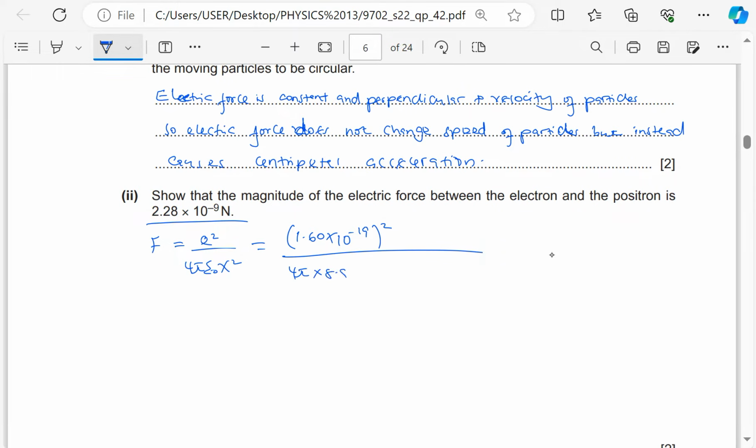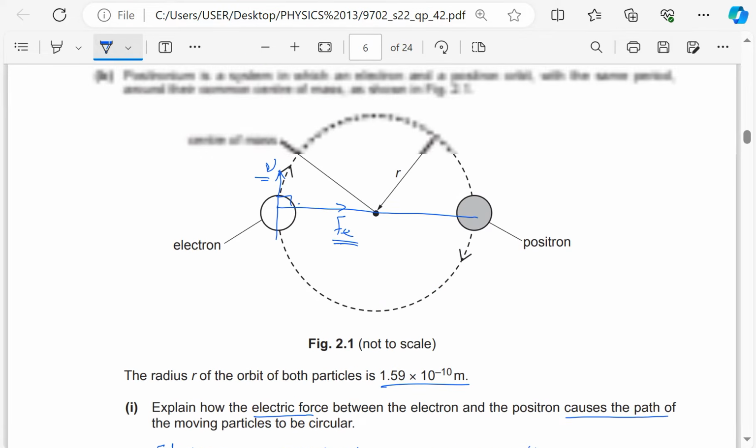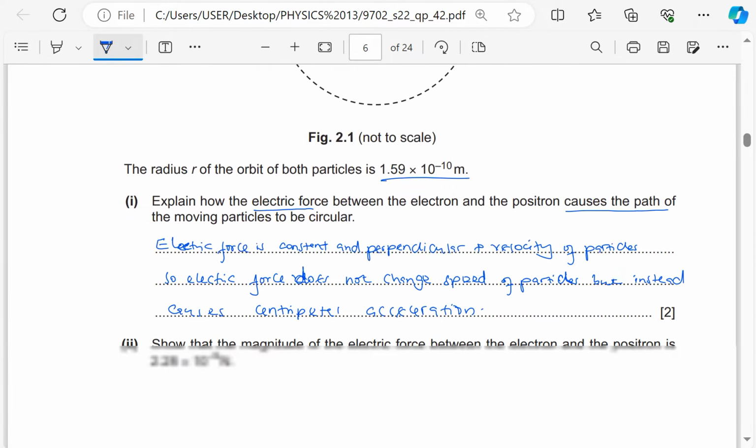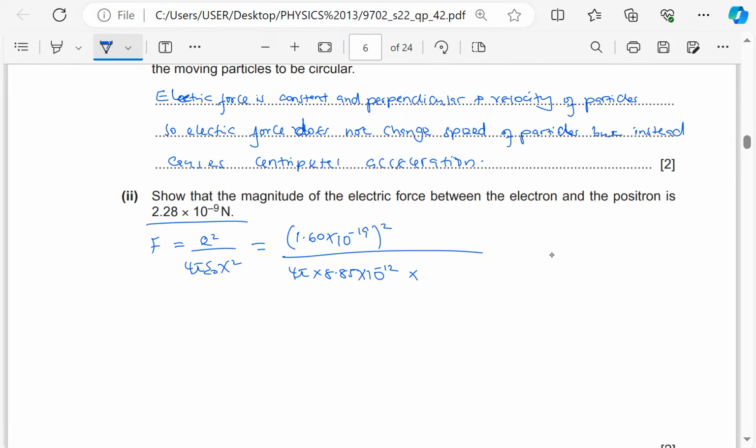Epsilon is 8.85 times 10 to the power of minus 12. Then times the separation, which is going to be the diameter. The radius is 1.5, so I'll multiply this by 2. So this will be 2 times 1.5 times 10 to the power of minus 10, and this is going to be squared.